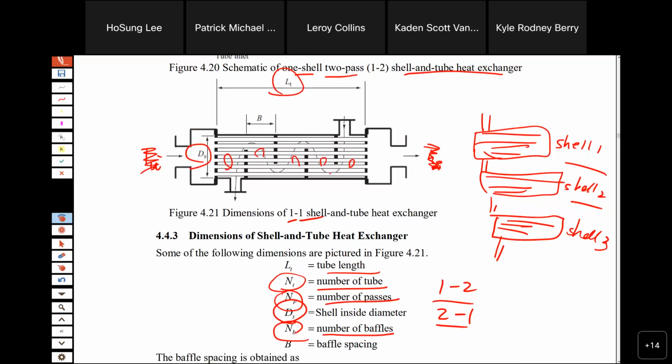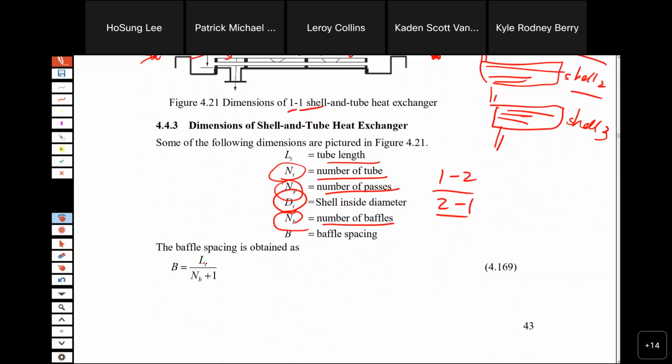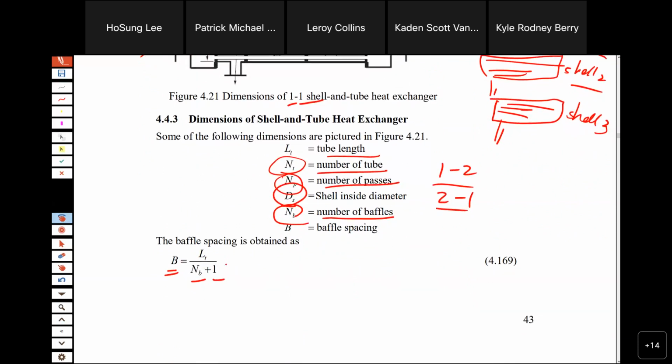So one more. That's why the length over number of baffles plus 1 is the baffle spacing.